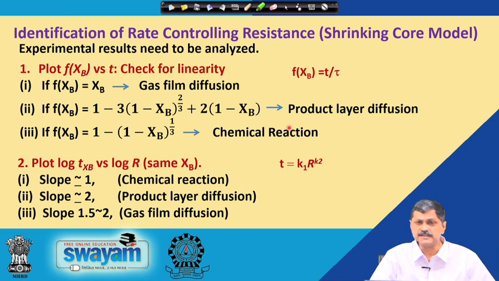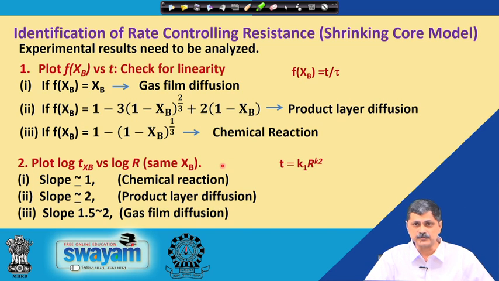But quite often the experimental results may be somewhat scattered, with some errors. So, just one check is not always good enough. Then we can also check with the experimental results of different particle sizes.